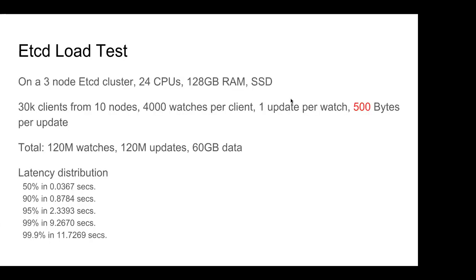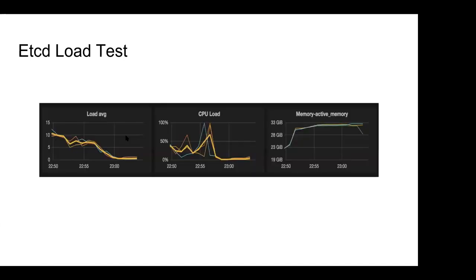We tried a lot of other tests. For example, in this one we increased the payload for each value, so it's a lot more data to push out, but still the latency is very acceptable to us. Even for this case, the performance on those boxes looked very reasonable. We did some other tests as well.